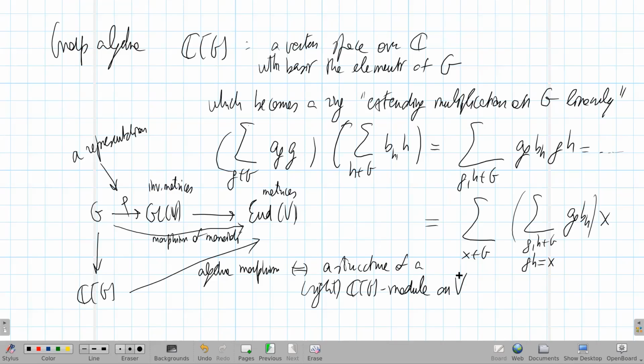And so there are two equivalent languages. You can use the language of representations, but with this I'm not going into the details. You can also use the language of CG modules.